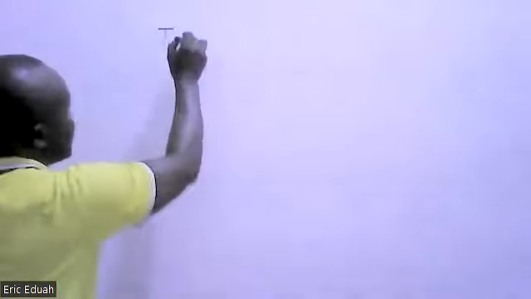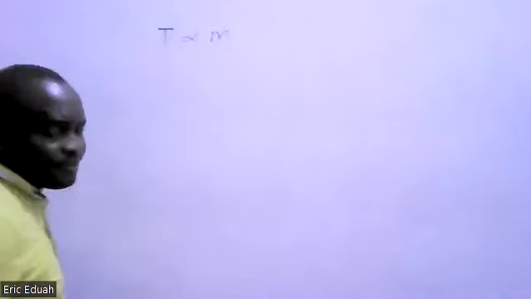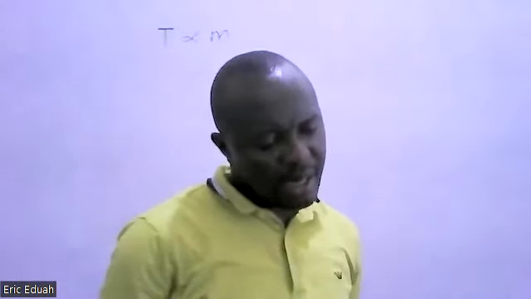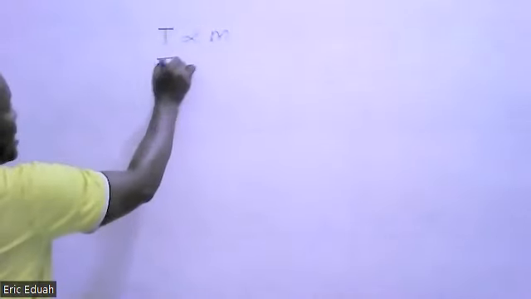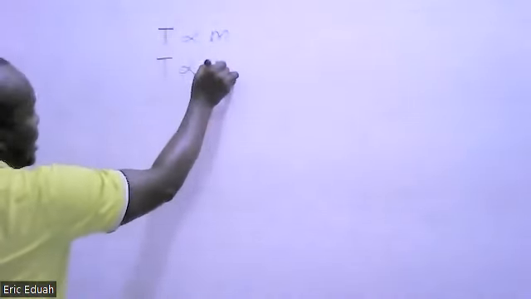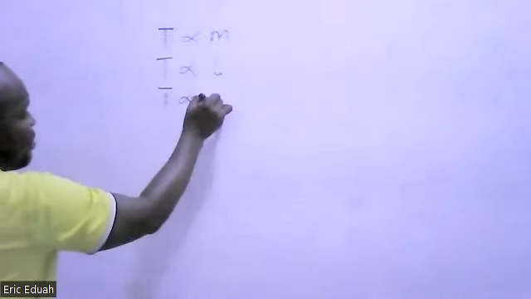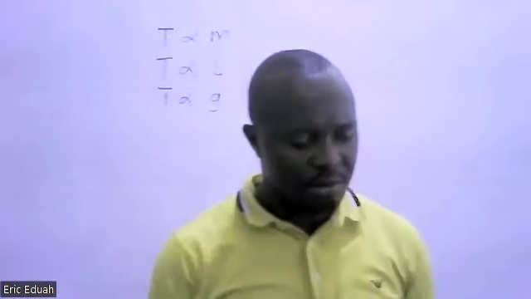Okay, so if the period of oscillation of a simple pendulum depends on the mass, T is directly proportional to the mass. The same T is directly proportional to the length. And lastly, T is directly proportional to acceleration due to gravity.